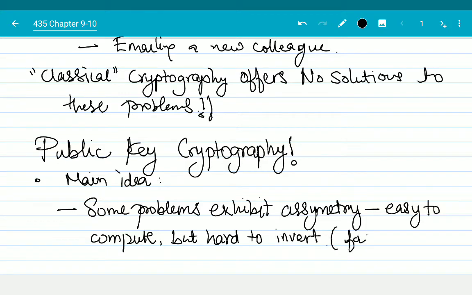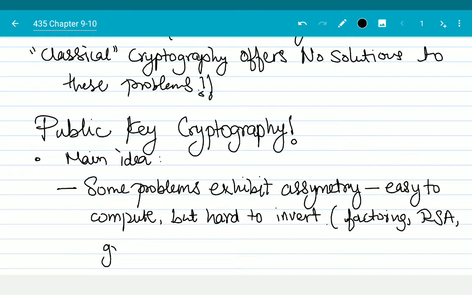For example, factoring, RSA, group exponentiation, etc. There are a lot of these problems.